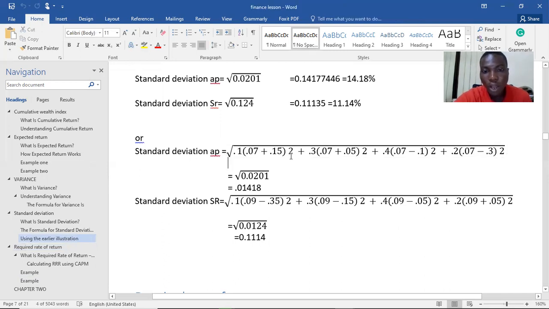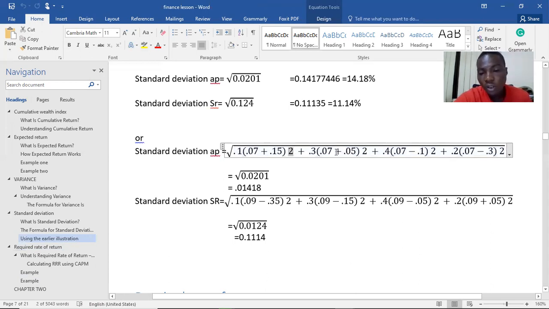And you should know when you are solving for standalone and when you are solving for portfolio. When you are solving for portfolio, it is equal to the probability multiplied by the standard deviation, all squared. This one, it is the probability, expected return minus required return, all squared. This is raised to the power 2.